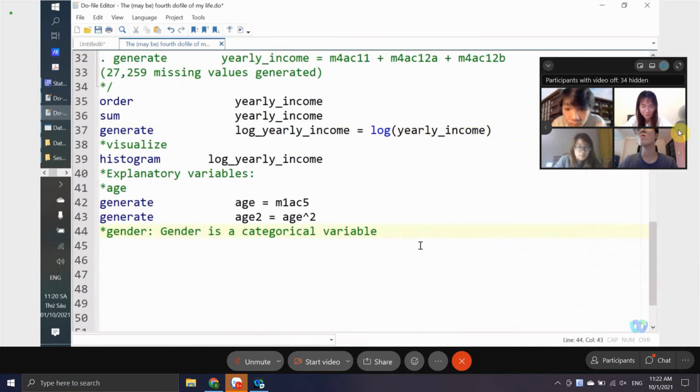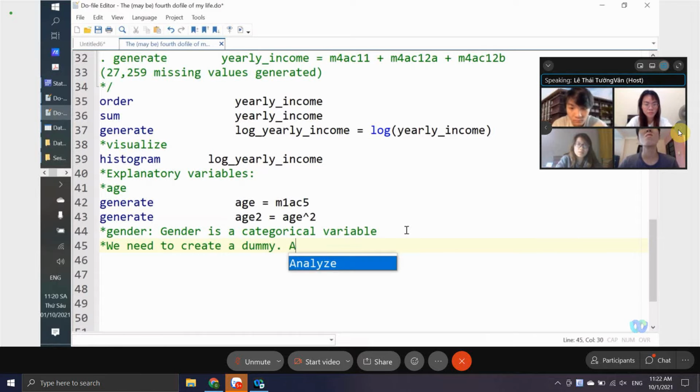Now, ladies and gentlemen, when you have a categorical variable, one of the things you have to do is to create a dummy. A dummy is not a sculpture thing.